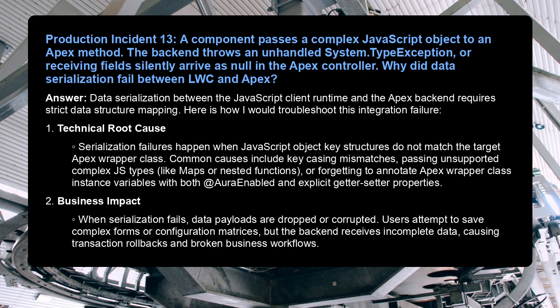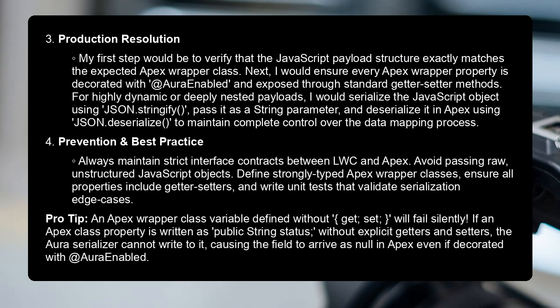2. Business impact. When serialization fails, data payloads are dropped or corrupted. Users attempt to save complex forms or configuration matrices, but the backend receives incomplete data, causing transaction rollbacks and broken business workflows. 3. Production resolution. My first step would be to verify that the JavaScript payload structure exactly matches the expected Apex wrapper class.